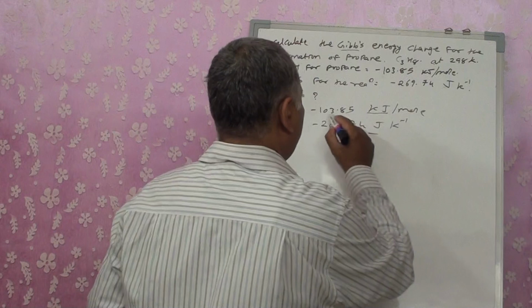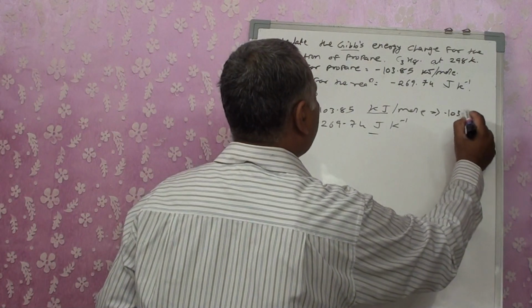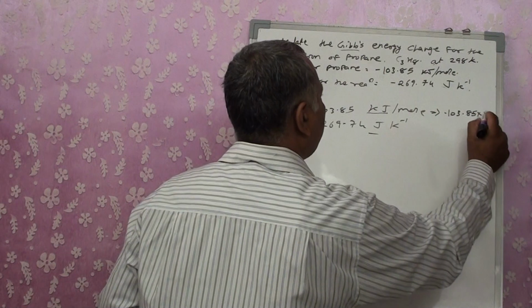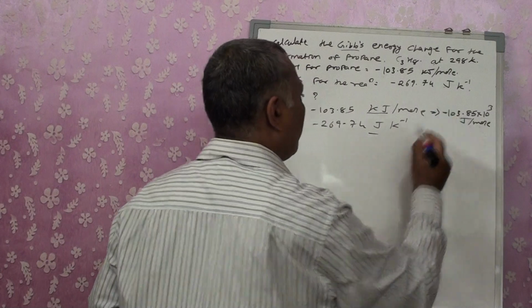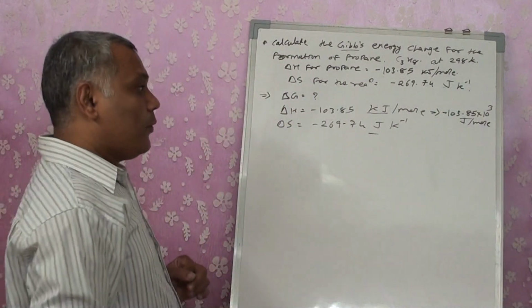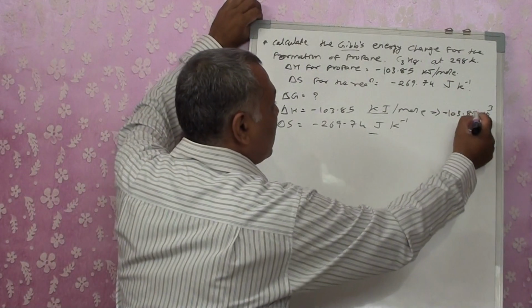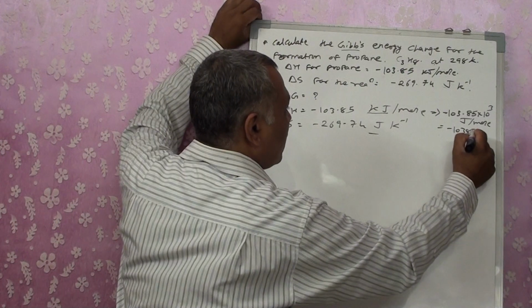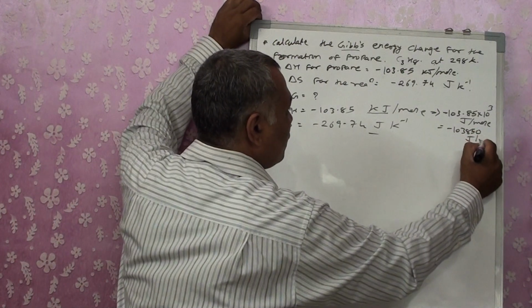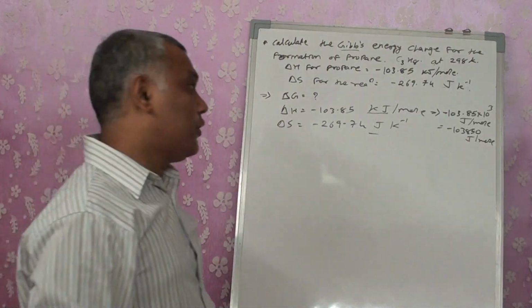It will be much easier to convert minus 103.85 into 10 raised to 3 joule per mole. Right? Now we can say that this value is 103,850 joule per mole, so that it becomes easier for us to go for calculations.